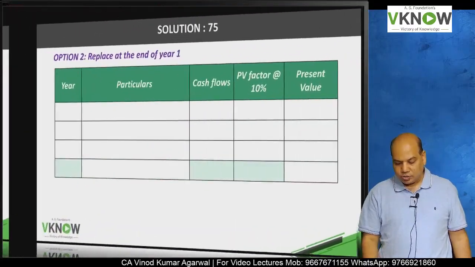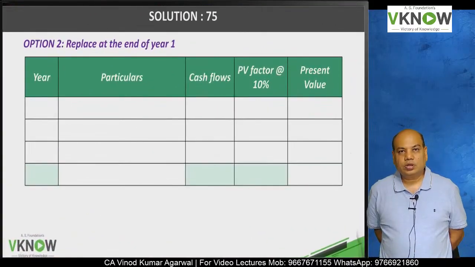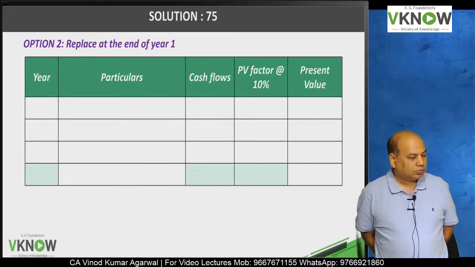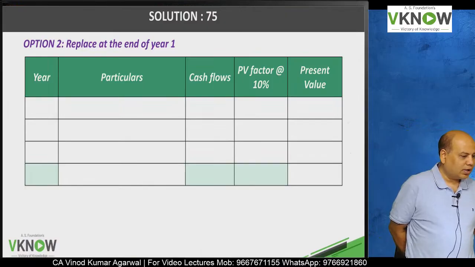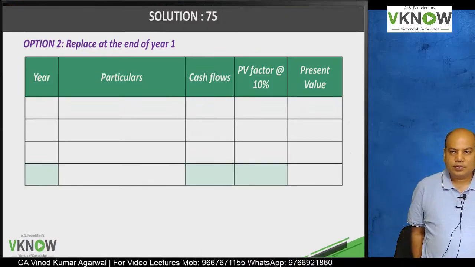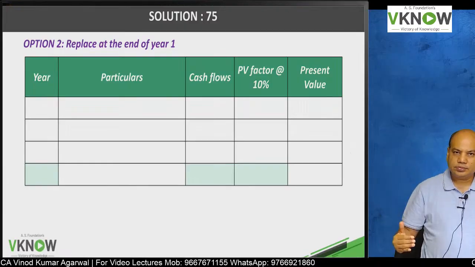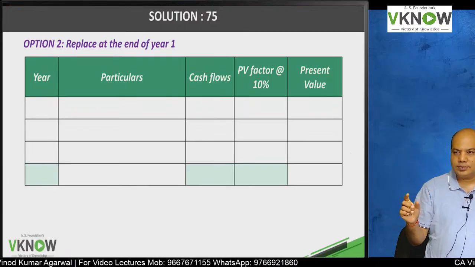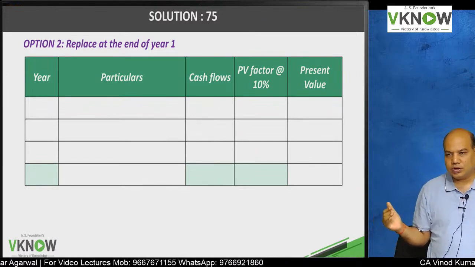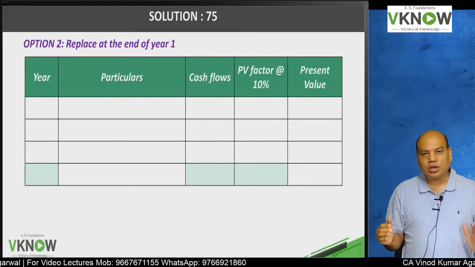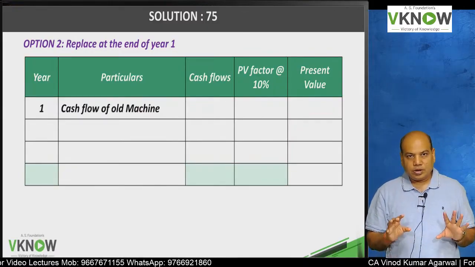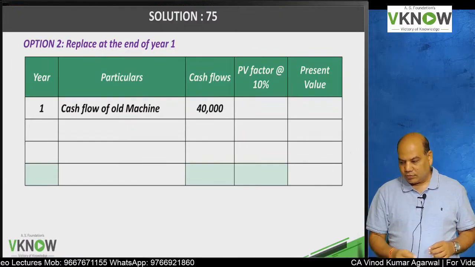Now write down option 2, replace at the end of year 1, which means first up to year 1 use the old asset, and from year 2 onwards use the new asset. If you use the old asset for 1 year, then the cash flow will be 40,000.